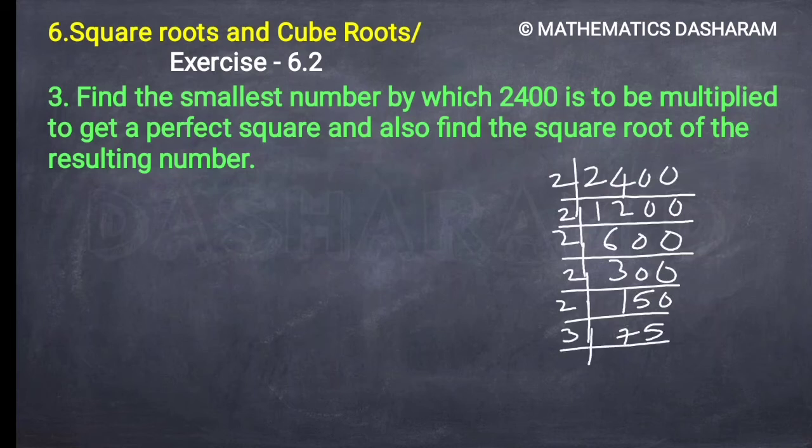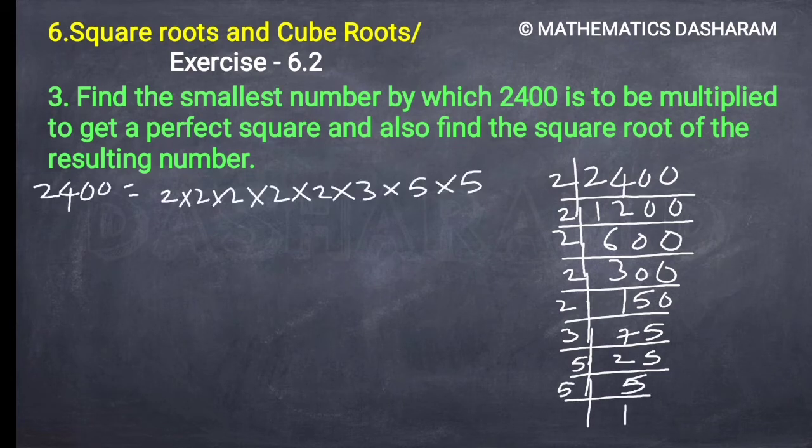Next the 3 table, 3 twos are 6, 3 fives are 15. Next the 5 table, 5 fives are 25. And finally 5 ones are 5. So here 2 into 2 is one pair, 2 into 2 is a second pair, 5 into 5 is a third pair.